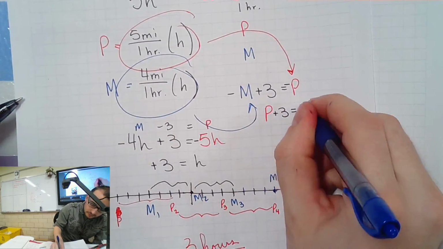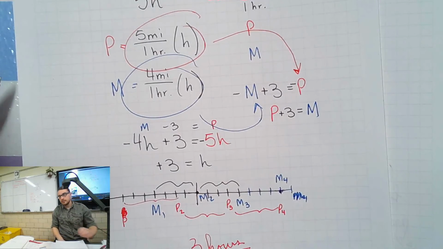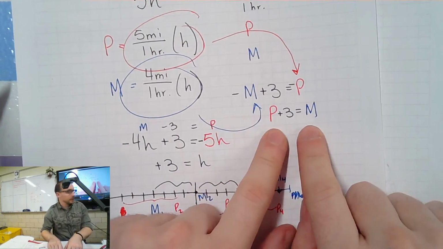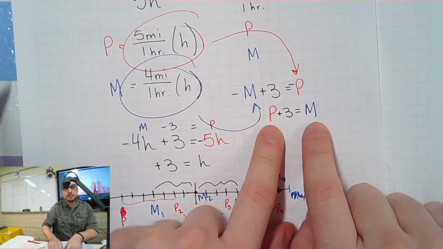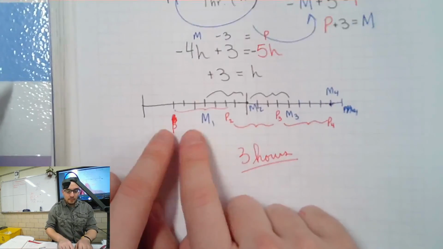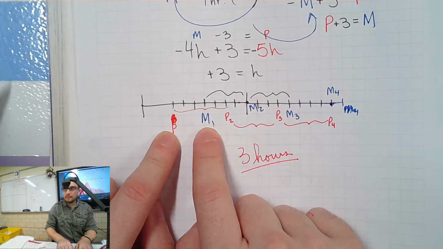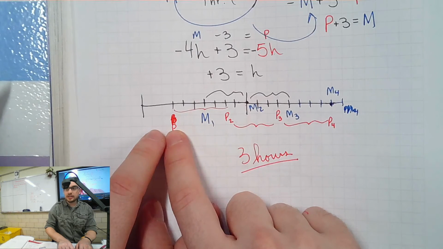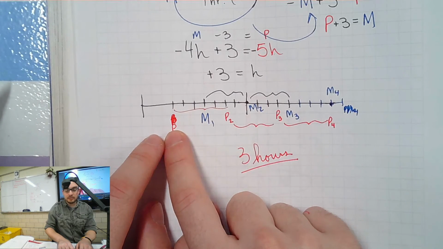Who? Tucker Fish. All right, Tucker can wait. And I rearrange it like this. P plus 3 equals M. M minus 3 equals P. It's the same way of writing it, just a different way of thinking about it.